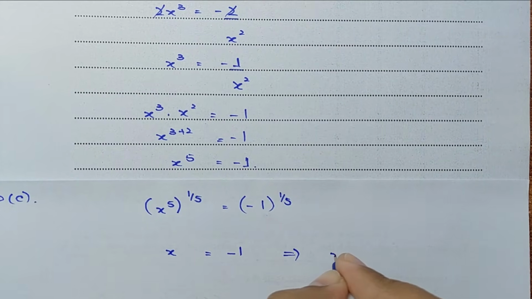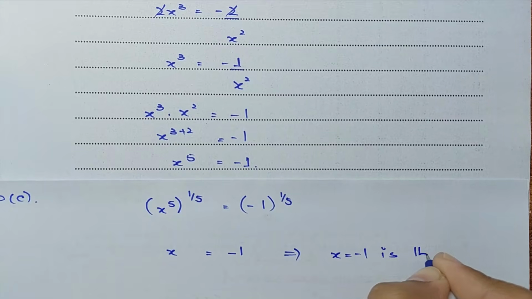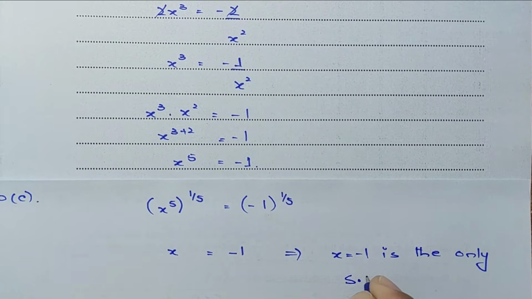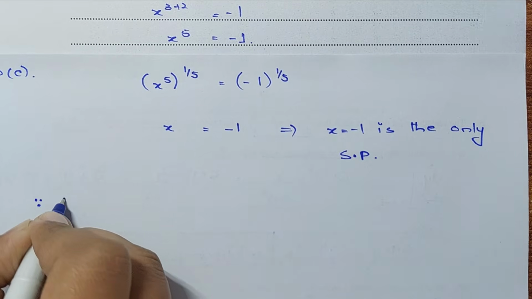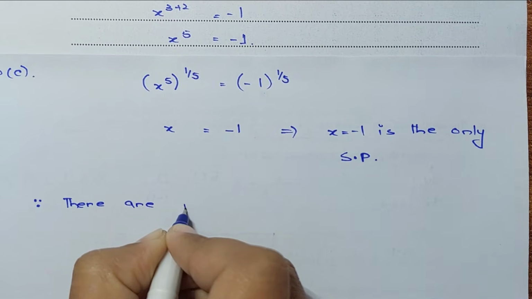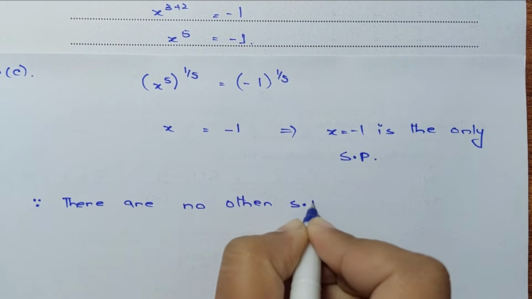This implies that x equals -1 is the only stationary point. There are no other stationary points.